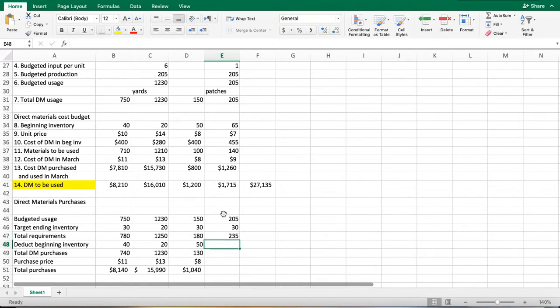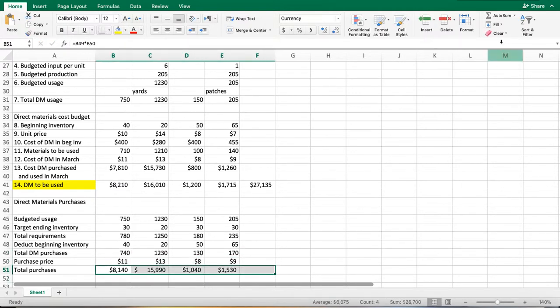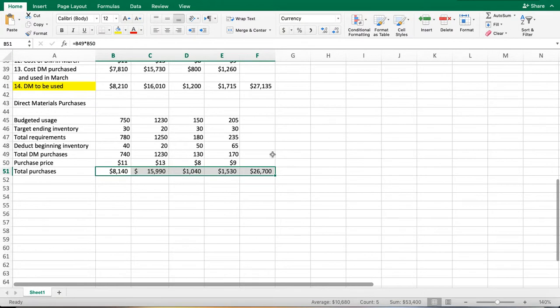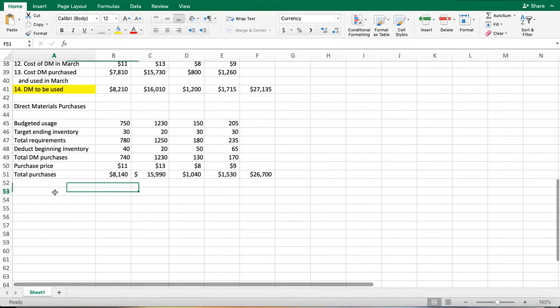We started with 65. And so we need 170. We need to purchase 170. They're $9 each, so that's $1,530. And what we're really looking for on our budget when we get to the income statement is our direct material purchases. That number right there, $26,700.